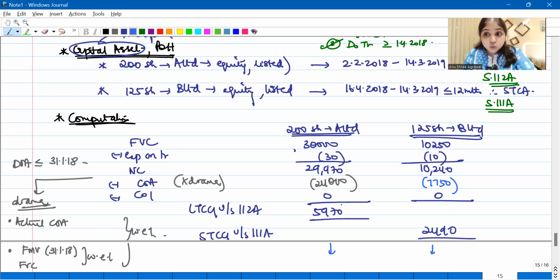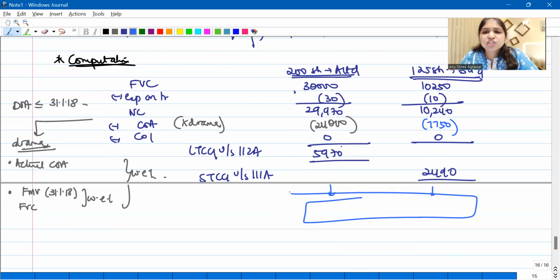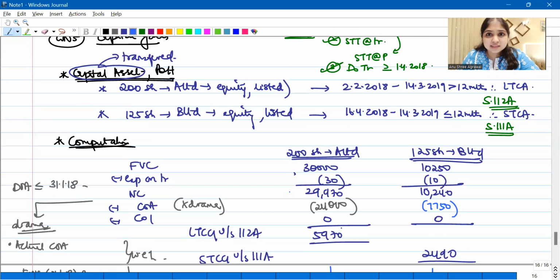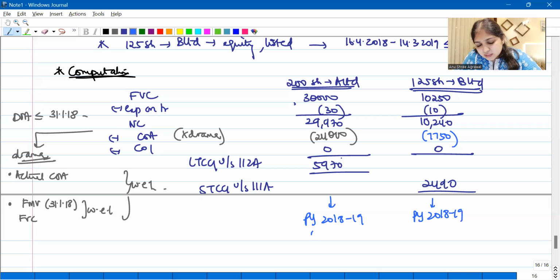Therefore, to include that also in the format, I generally tell students that at the end, you should always check which year you will tax this income in. Here, is any exceptional case applicable? Here, exceptional case not applicable. So whichever year we did the transfer, which is 1819, in 1819 we will do this taxation. 1819 means assessment year 1920. This is the year for which we're doing the calculation. So in this year we will do the calculation.